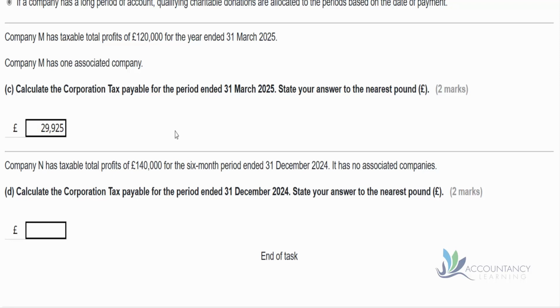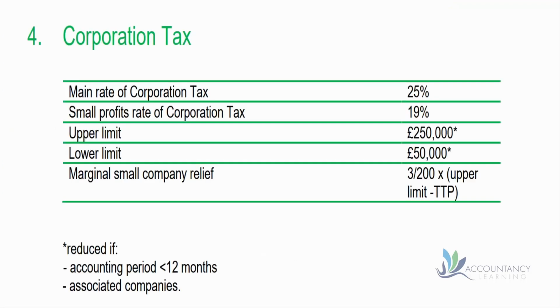And then finally, for part D, company N has taxable total profits of 140,000 for the 6-month period ended the 31st of December 2024. It has no associated company. So using the reference materials, we can see that their profits of 140,000 are less than the upper limit, so we might need to apply some marginal relief.